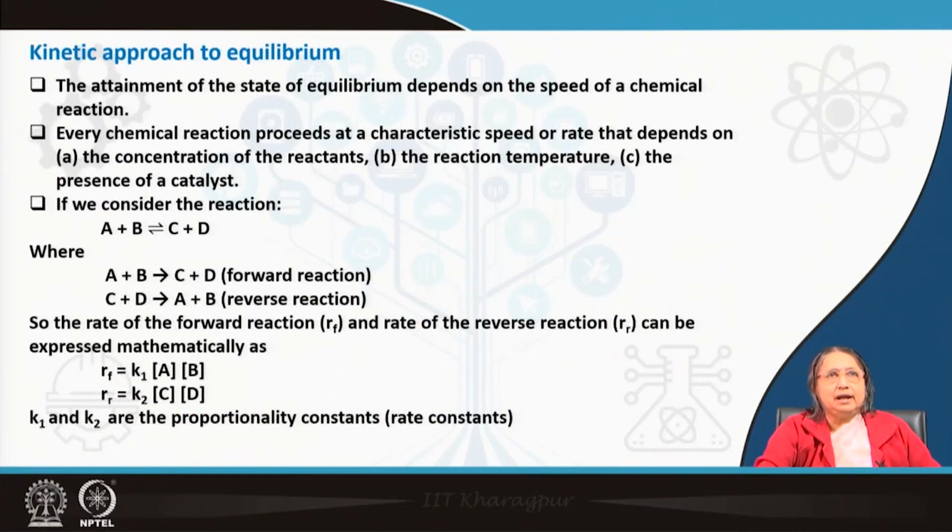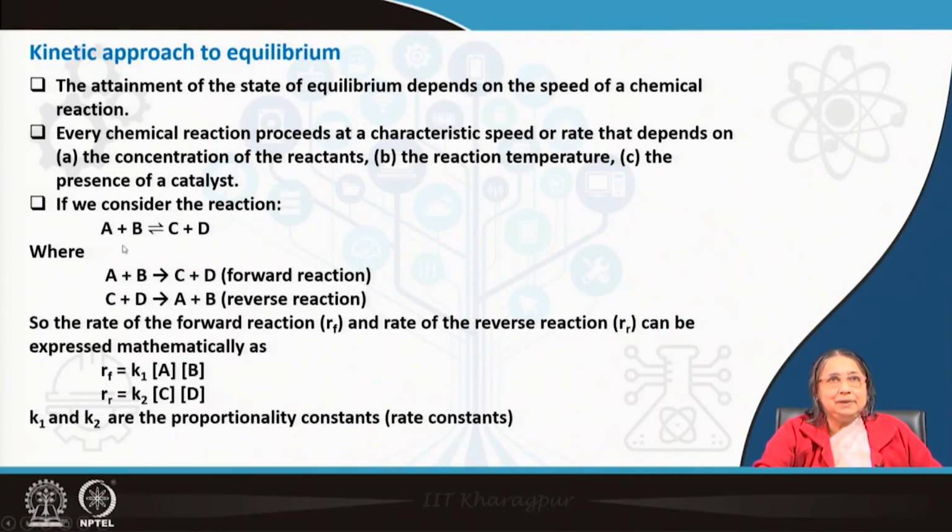Now, we can also approach this equilibrium through kinetics. The attainment of the state of equilibrium depends on the speed. For example, we start the reaction, and A and B combine and react to form C and D. When the reaction just starts, it proceeds fast, but after some time, when it reaches equilibrium, the rate of the forward reaction and the rate of the backward reaction are the same.